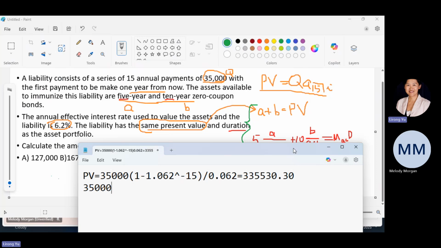The payment is 35,000, multiplied by 1.062 to the power negative t, which is the present value of each payment, for t going from 1, 2, 3, 4, 5, 6 up to 15. Then it is weighted by dividing by the present value, which is this one.